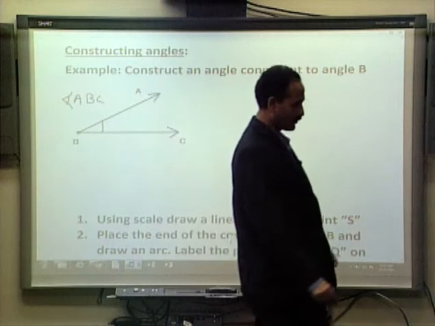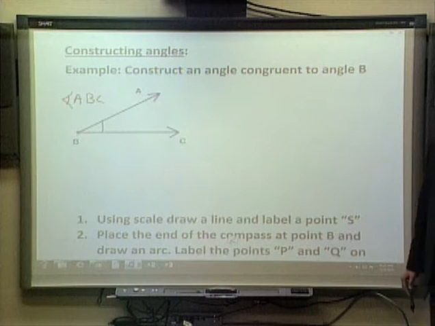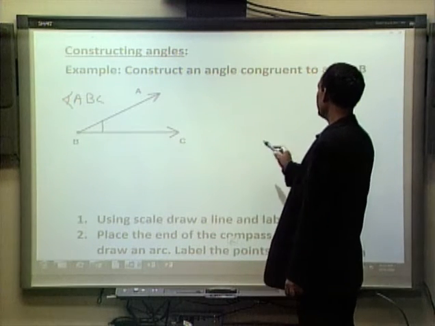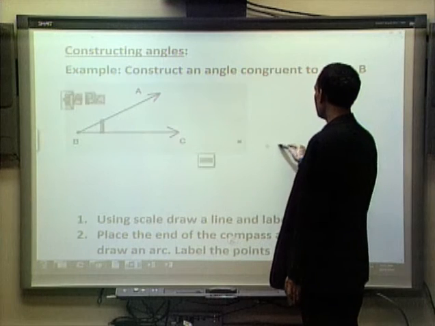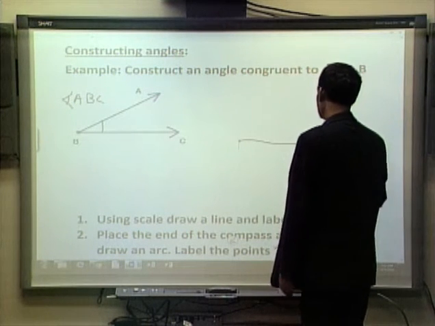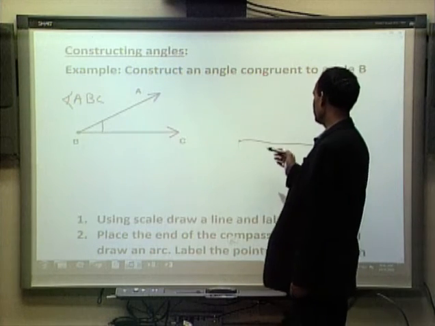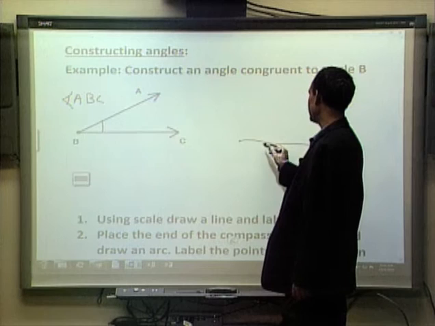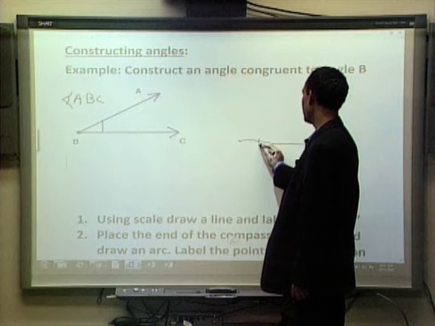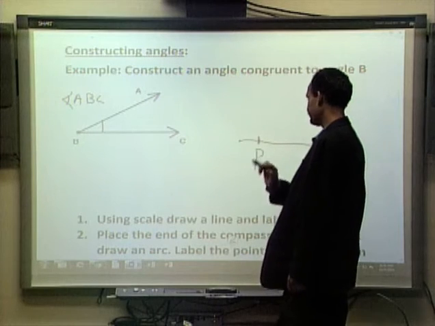In order to construct an angle congruent to B using a ruler, we will draw a straight line and mark a point. Let us say this point is P.